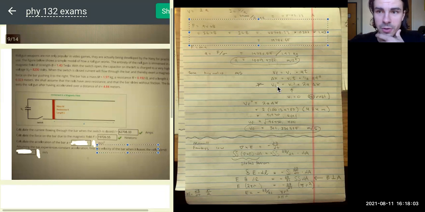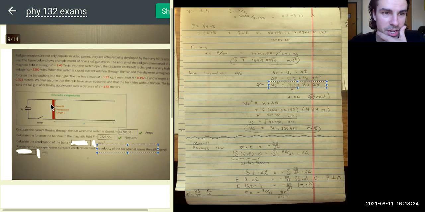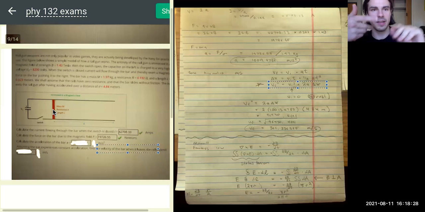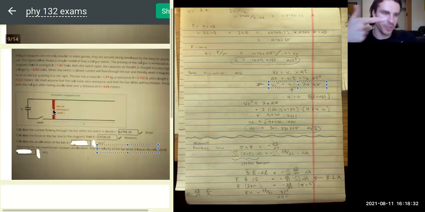If we look at a few of these equations, we don't know the time over which the bar slides through the gun, so we can't use that one. There is no VF in this equation, but there is a VF in this equation, and we just found the acceleration. I just assumed that the bar is starting at rest, that's how most guns work. There's a bullet in there, it's not moving, and then you shoot it.